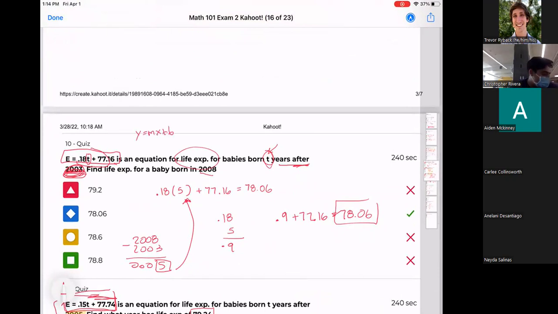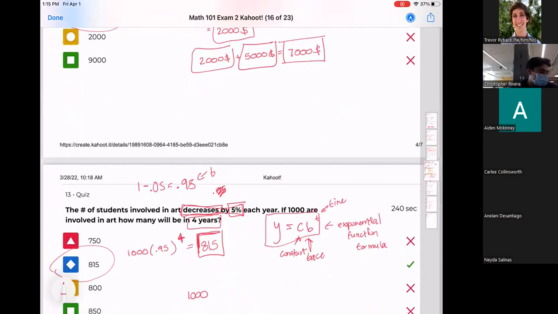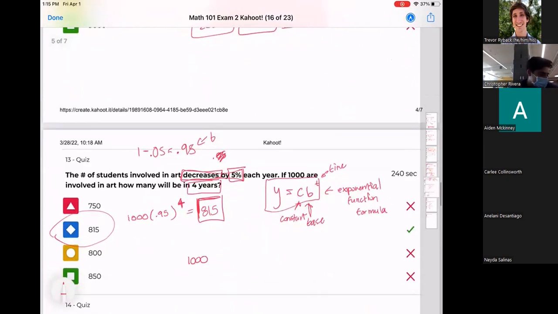So we know that our m is 0.18, our x is t, aka time, and our b is 77.16. That's how you know it's linear, because y equals mx plus b. Whereas this one says decreases by a percentage each year, so that's how we know this is going to be y equals cb to the power of t.